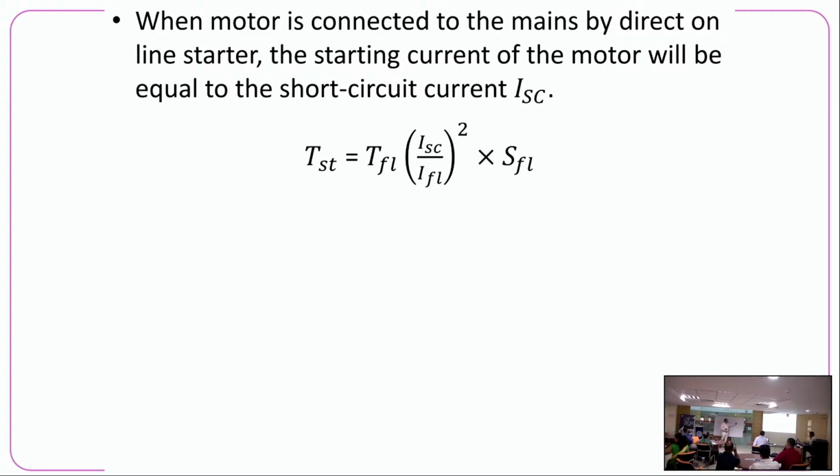So with direct on line starting, you can replace the starting current IST by ISC. That is done in this equation. It is ISC nominal, at the rated voltage, because you are directly switching on to the rated voltage.